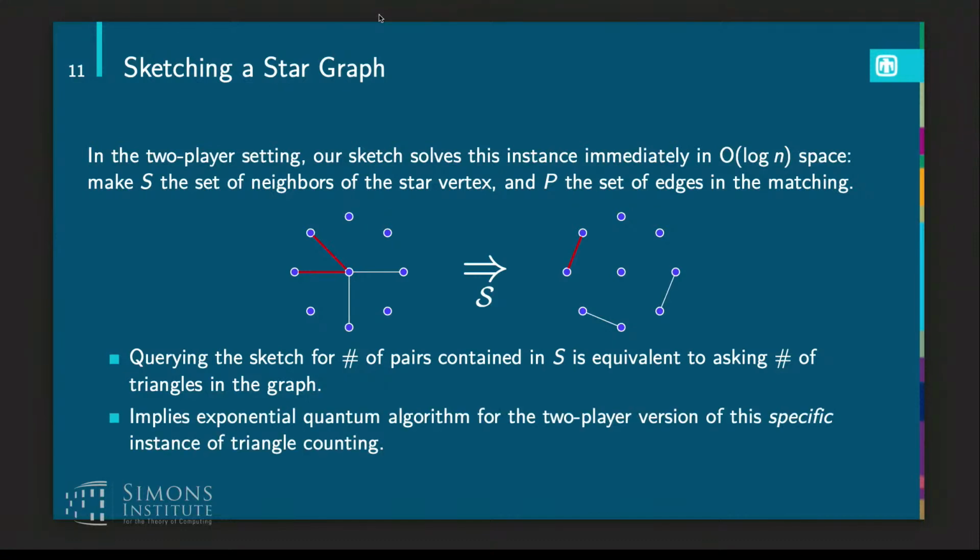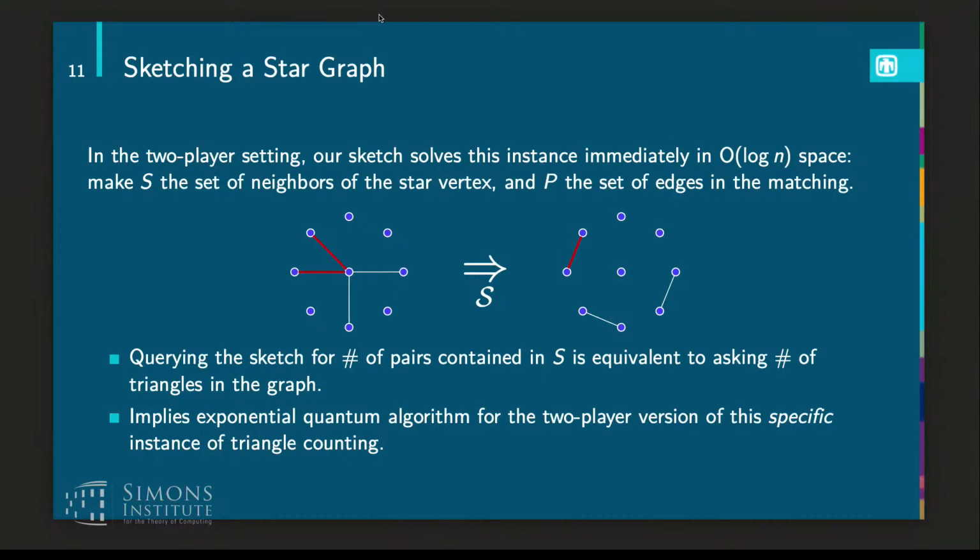What that tells you is that there is an exponential quantum advantage for the two-player version of this specific star and matching instance of triangle counting. Obviously, what we wanted was a streaming algorithm for triangle counting in general graphs.